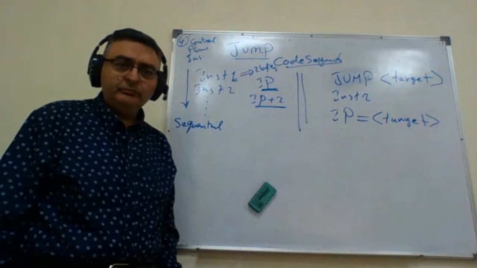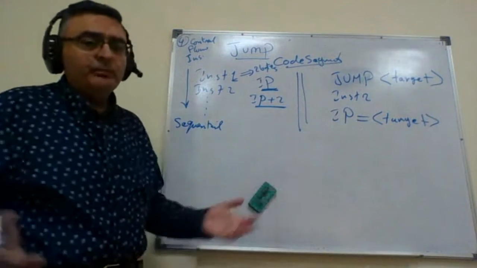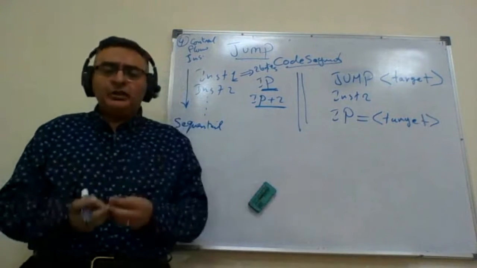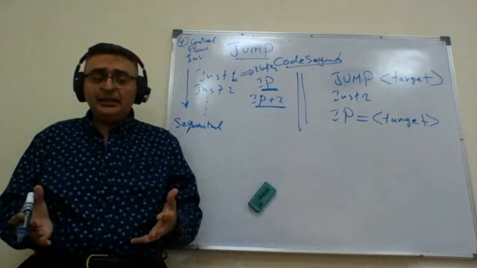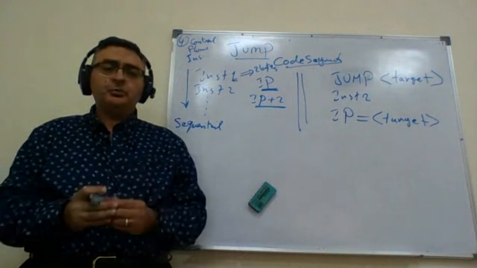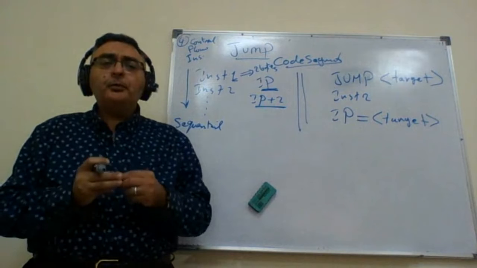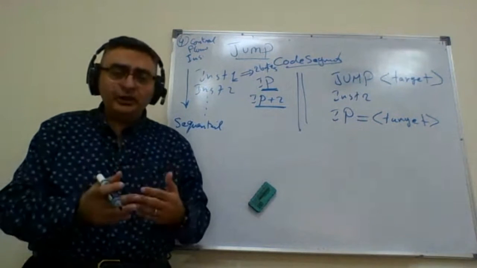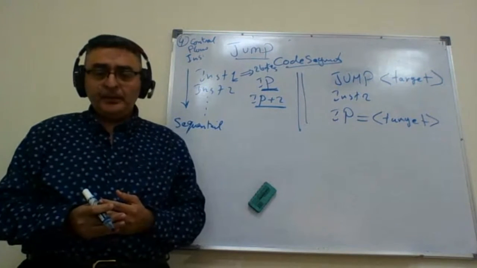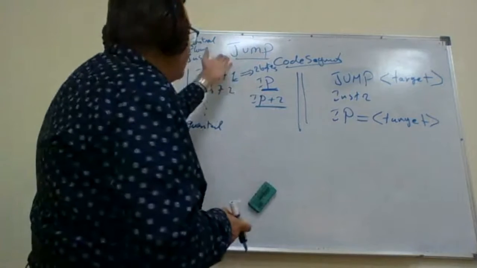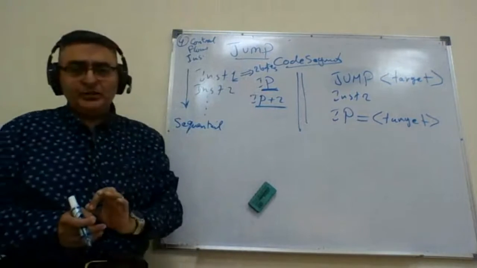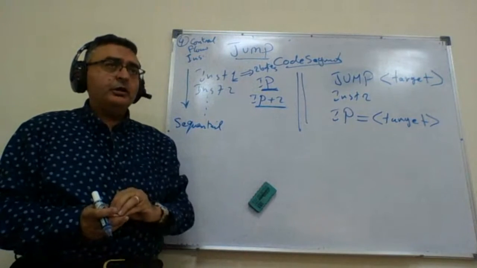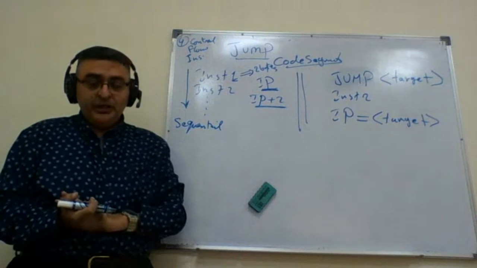So that's it. What is jump doing? The jump function basically modifies the instruction pointer to populate it with the target location of the jump. This is the most elementary, basic jump or control flow instruction.